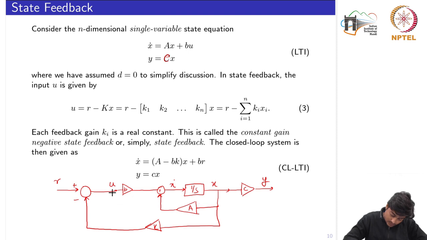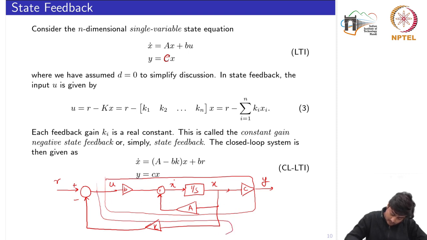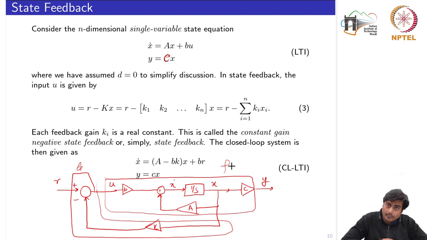So u becomes r minus k times x, and this is the LTI system we have, and this part is basically our controller. Now if I see the overall closed loop system, the input becomes this reference trajectory r, and the A matrix is changed to A minus BK because of the inclusion of this state feedback.